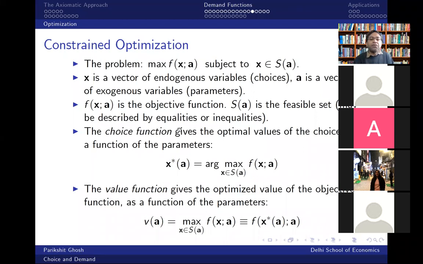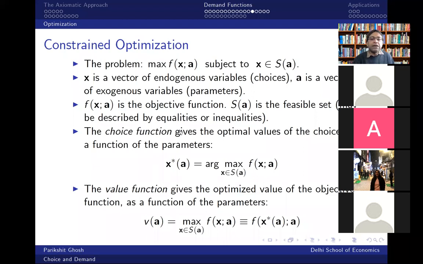Now, once you have found the optimum x vector and you have plugged it back, in the consumer's case, once you have found the demand functions, if you put them back into the utility function, what are the demand functions? A function of prices and income. So when you plug it back into the utility function, you can express utility as a function not of quantities, but of prices and income, namely the parameters.